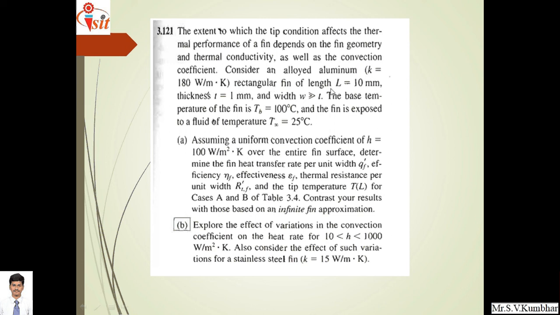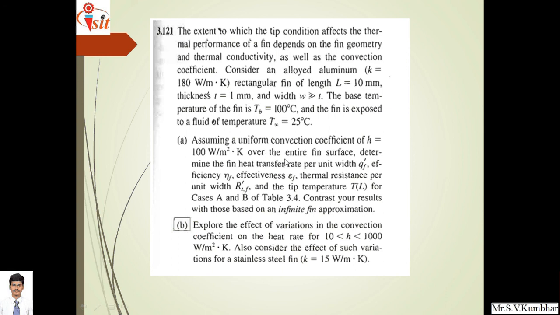Rectangular fin of length L is equal to 10 mm, thickness t is equal to 1 mm and width w is much greater than t. The base temperature of fin Tb is 100 degrees centigrade and the fin is exposed to a fluid of temperature 25 degrees centigrade.